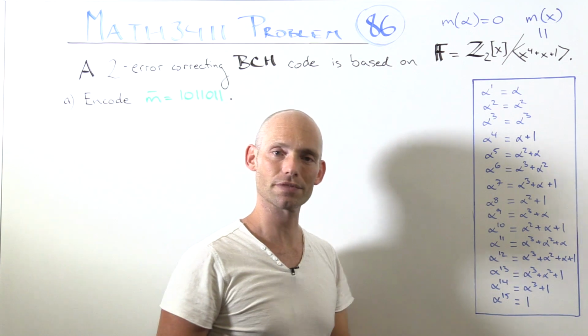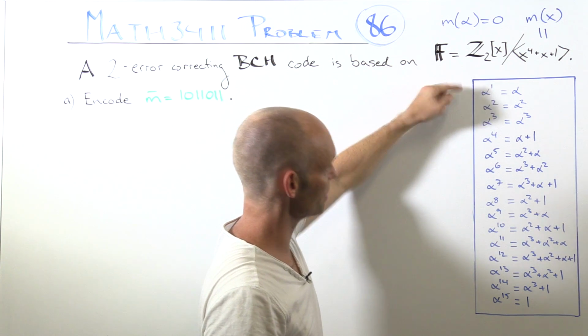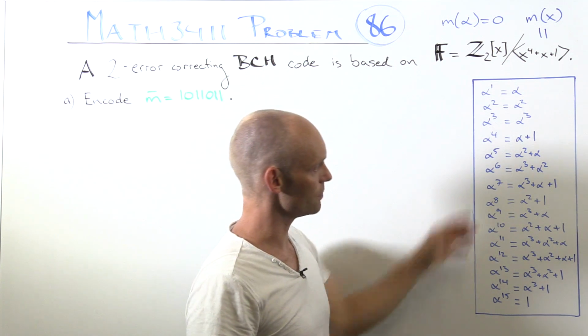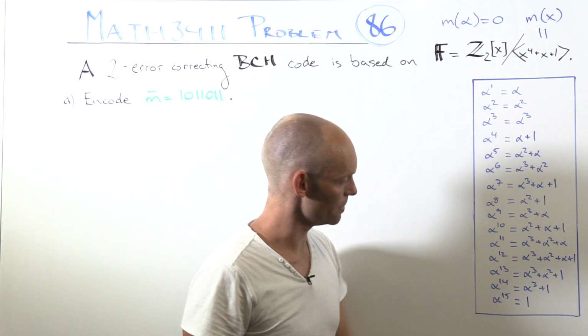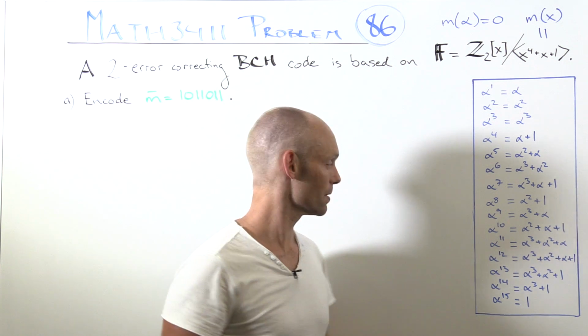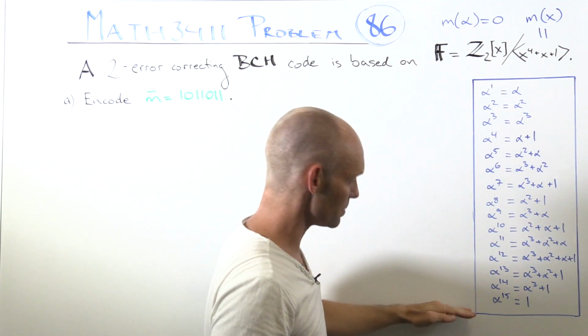In other words, I'm trying to find a primitive element of the field. So I look at all the powers, alpha to the power of 1, 2, 3, and so forth, and see whether they give all linear combinations of the small powers, 1, alpha, alpha squared, alpha to the power of 3, which form a basis of this field, and indeed they do.